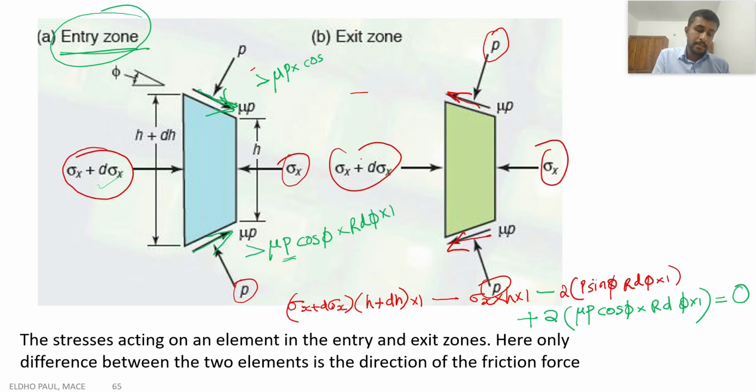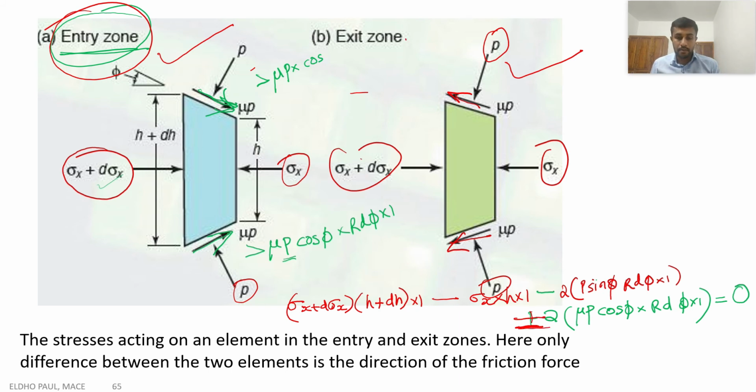That means it is acting towards the left, so instead of the plus sign, we give a negative sign. The same equation can be used for the entry zone and exit zone: in the entry zone we use the plus sign, and in the exit zone we use the negative sign. That is the only difference.